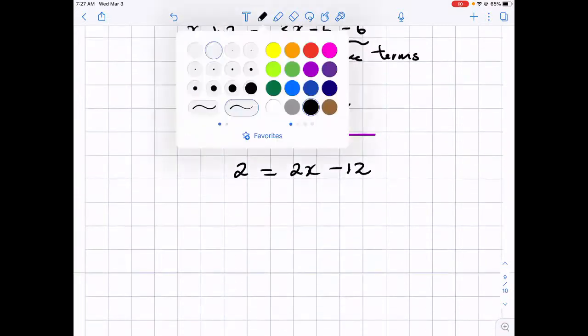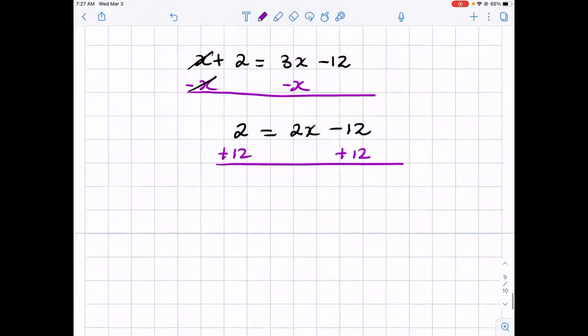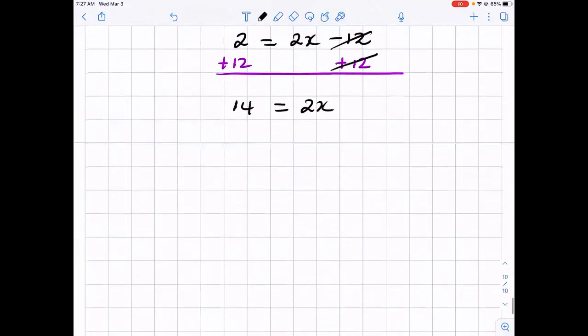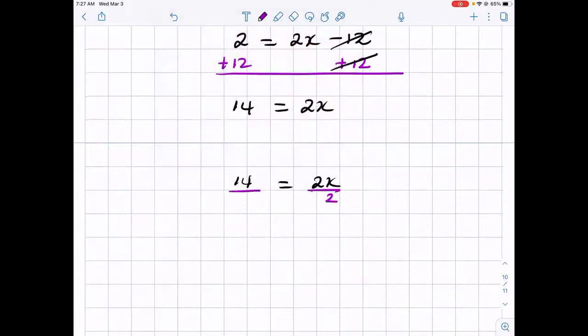Okay, and then I can add 12 to both sides. And 12 plus 2 becomes 14. So we have 14 is equal to 2x. The minus 12 and the plus 12 cancel. And to get x by itself, we divide both sides by 2.